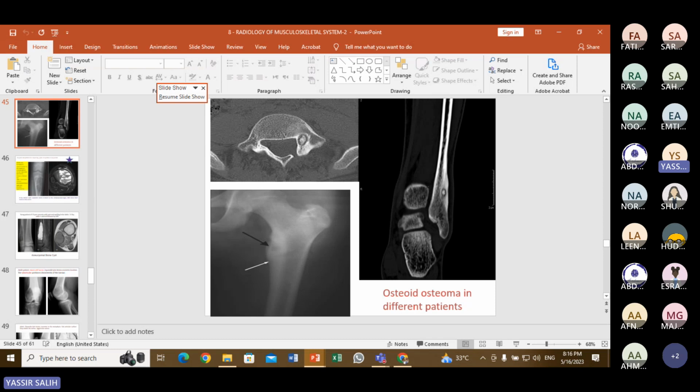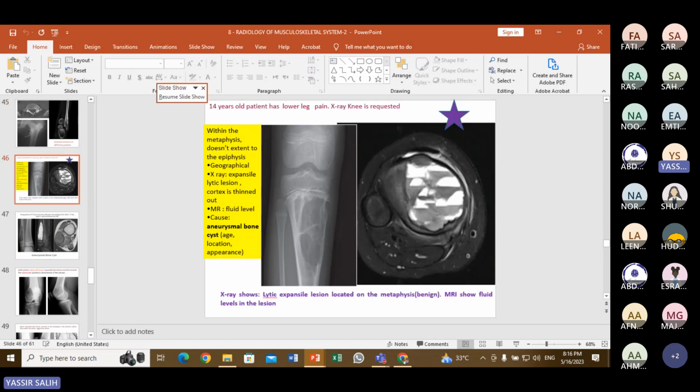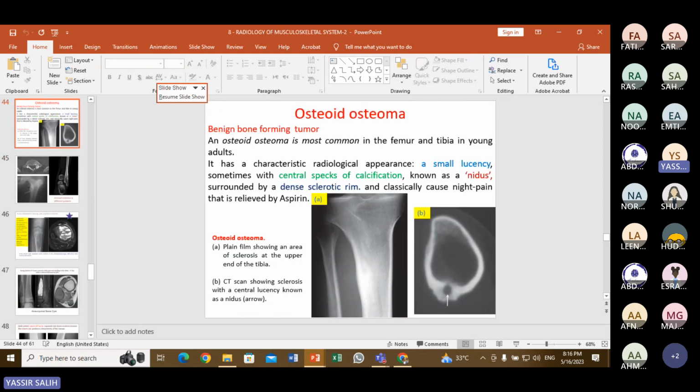We have a patient, say a 10 or 20 year old boy. X-ray of his lower limb demonstrates an expansile lytic lesion in the metaphysis with fluid levels on MRI.